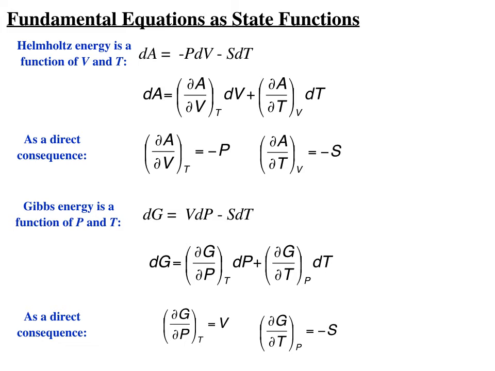So here's what I would expect in that case. If I'm looking at a solid system, since the entropy of solids is relatively small, the plot of G versus T will be negative because of the negative entropy, but it will be with only slight slope, so it won't vary dramatically with temperature for a solid. For a gas, on the other hand, gases have large positive entropies, so this will be a large negative value.